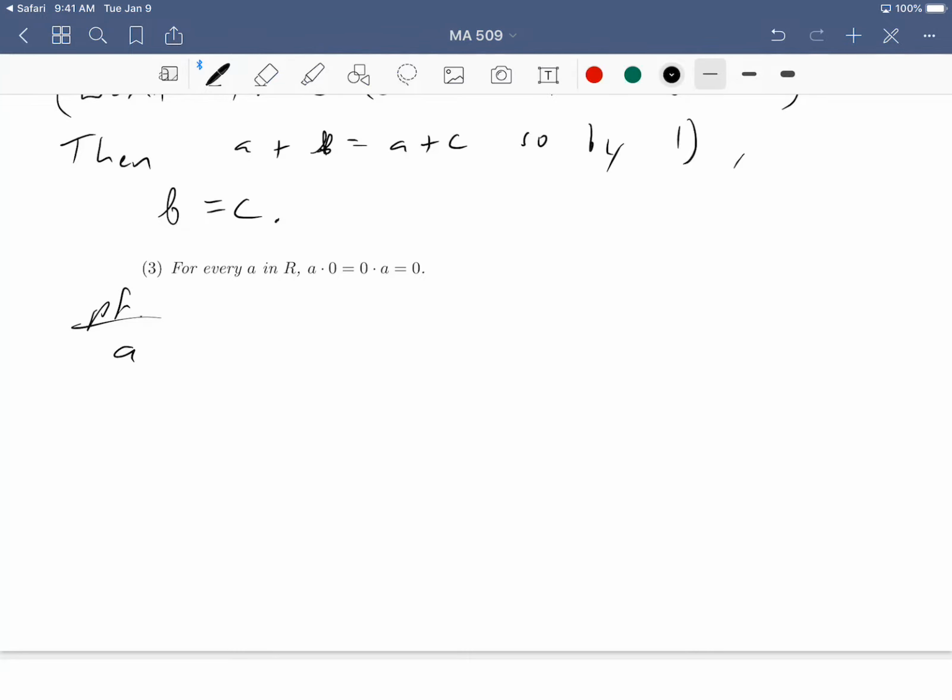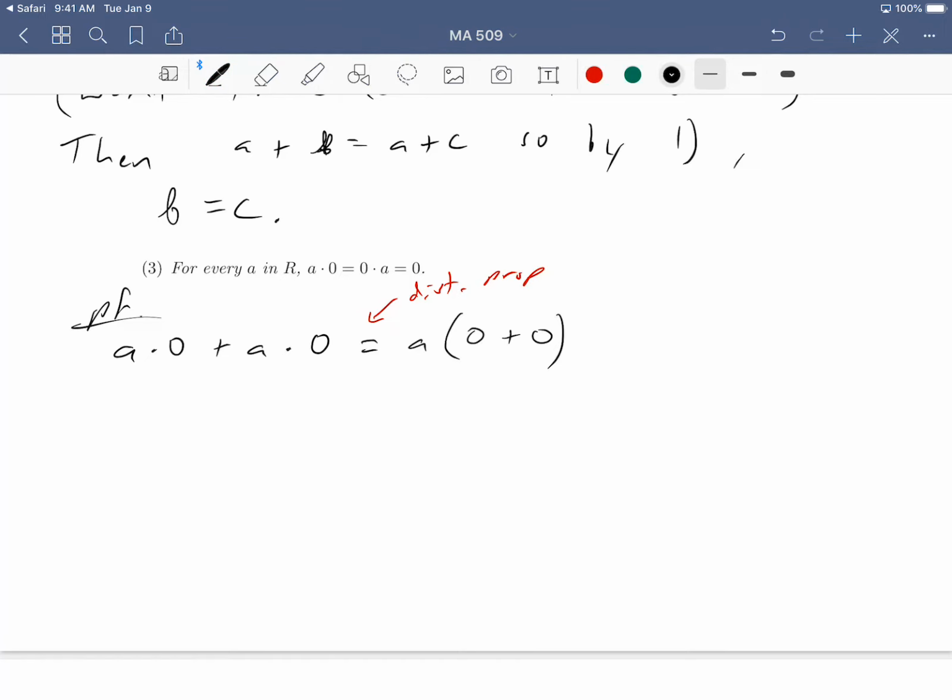I'm going to say, I don't know what a times 0 is, but let's do a times 0 plus a times 0. Okay, I don't know what it is, but I'm just going to add it to itself. What this lets me do is use the distributive property. That's one of the properties of a ring that I'm using right here.